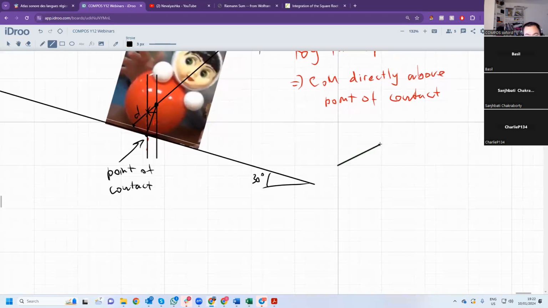So this is d. What I have drawn here, this is the radius of the toy.